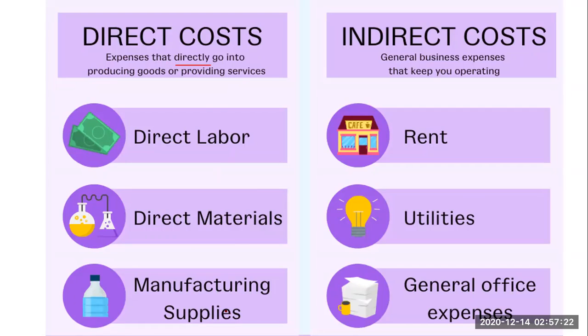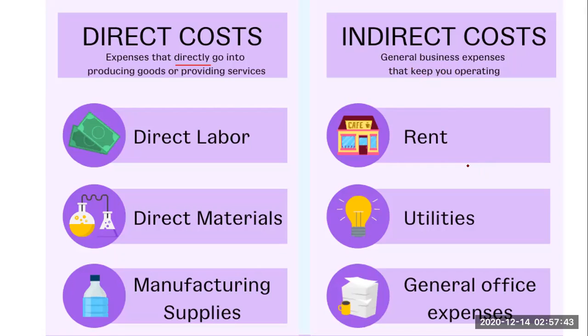Okay. And on the right, we have indirect costs, general business expenses that keep you operating. Responsibilities that you have to pay because you have to pay. There is no way you say, no, I can't, I don't want to.